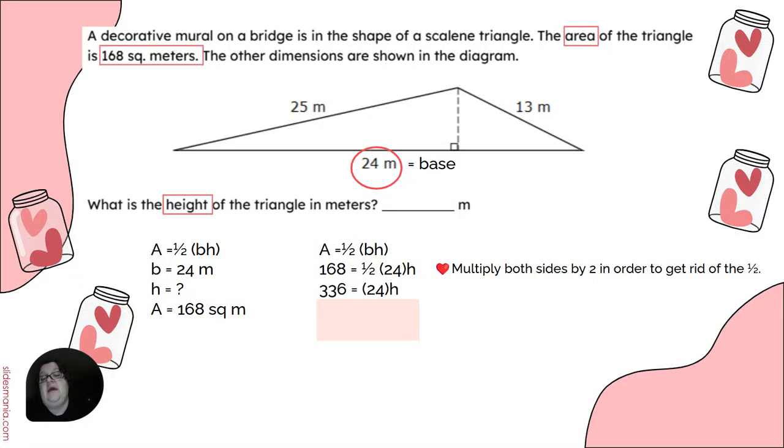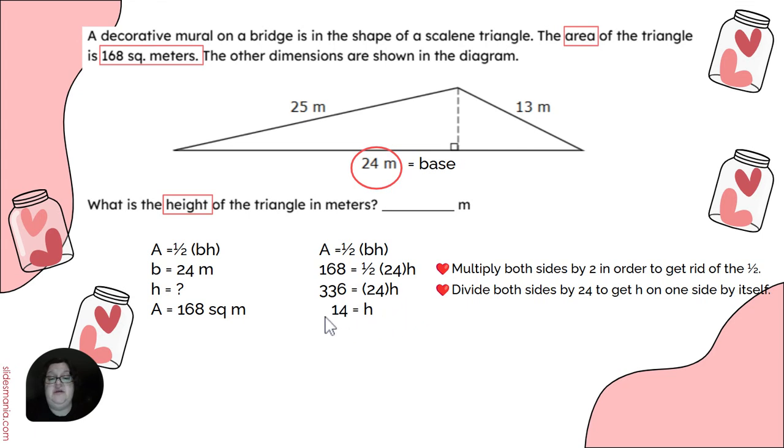I can go ahead now and eliminate that 24 by dividing both sides by 24 to get H on one side by itself. When I do the division, I should get 14 equals H. Therefore, the height of the triangle in meters is 14 meters.